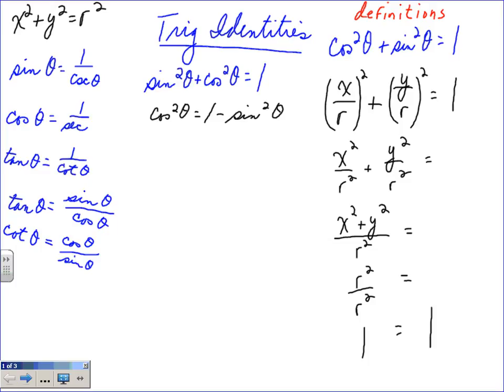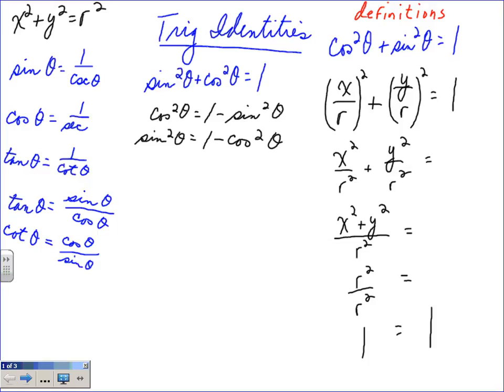It's just another form of that Pythagorean identity. And similarly, if I subtract cosine squared from each side, I would get that sine squared theta is equal to 1 minus cosine squared. And these are identities that we can use.